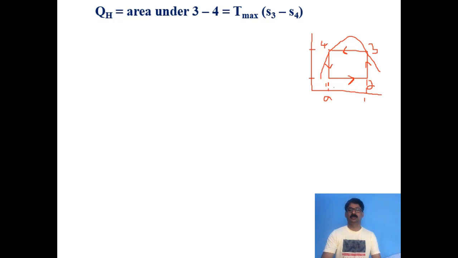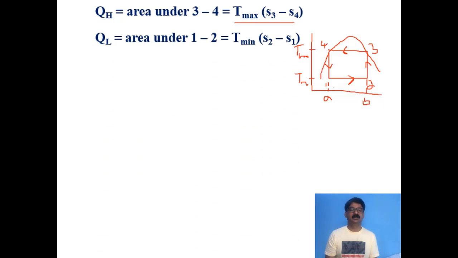So the amount of heat rejected, that is QH, is the area under 3 to 4, which is nothing but the area of the rectangle AB34A. This is T max temperature here, this is T min, the minimum temperature. Now for this rectangle, this length is T max, and this difference is S3 minus S4. So it is T max into S3 minus S4.